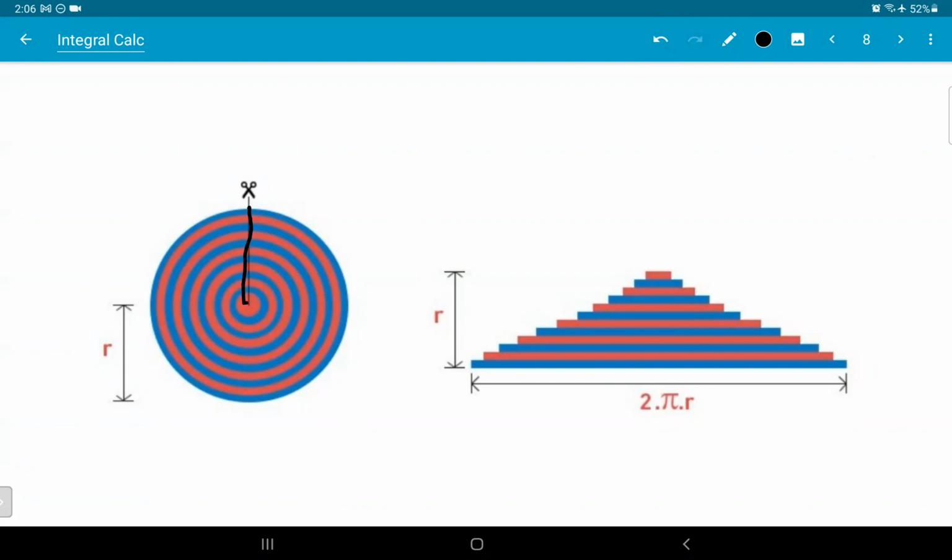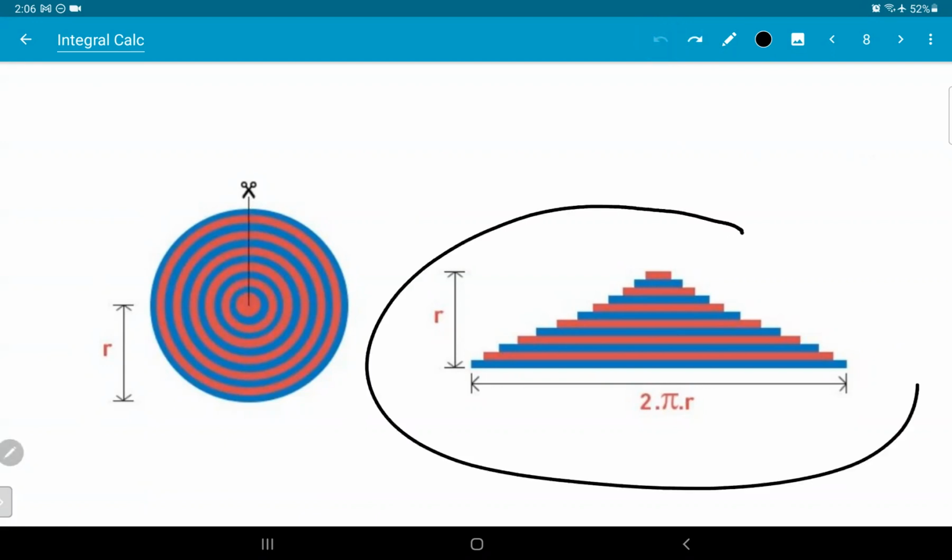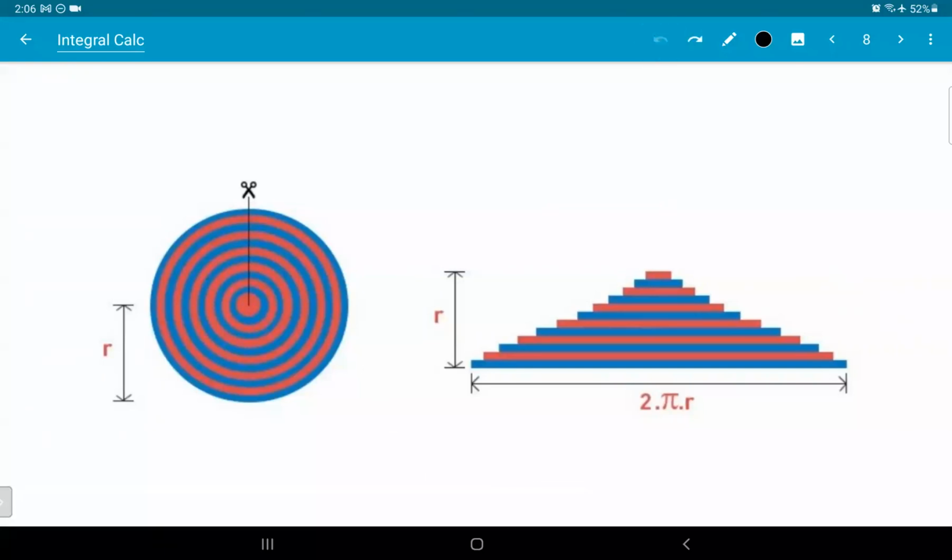Then you will be forming a figure that looks like a triangle with several blocks to it. But if you make those strips thinner and thinner, in the limit you will be forming a triangle whose height is r and whose base is 2 pi r.